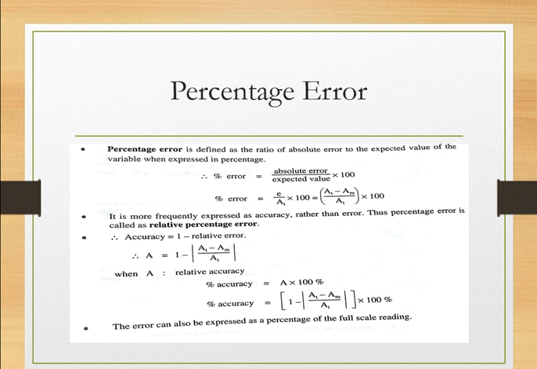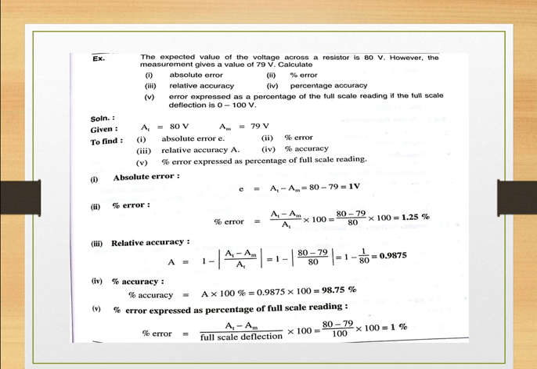Okay, so let's take one example, and in that example you can get the real meaning or understanding of the given quantities, or the different types of errors that we have discussed now. Here the example is given.